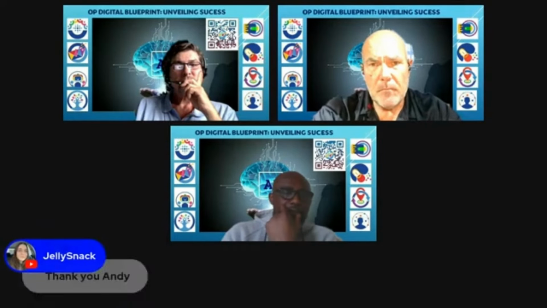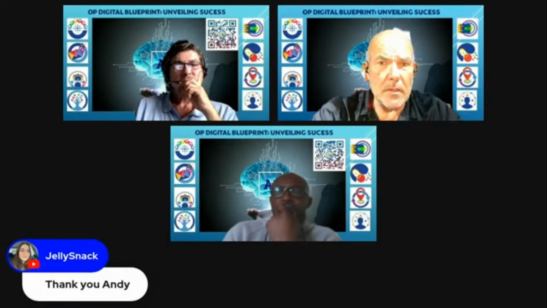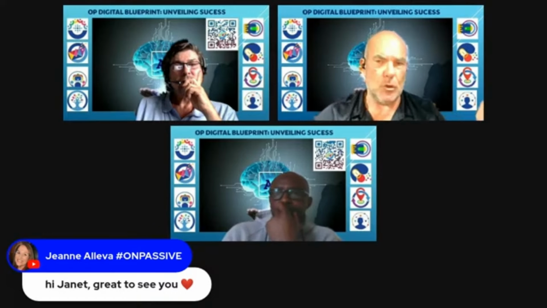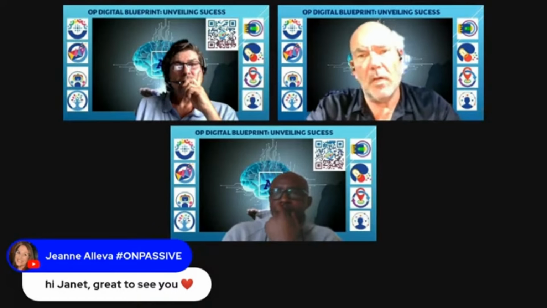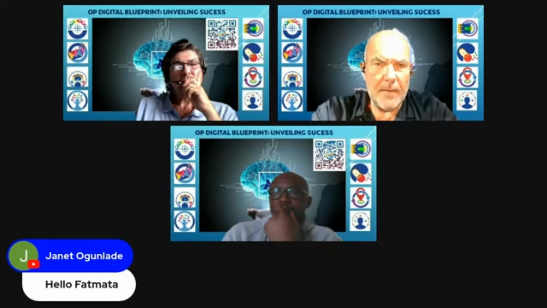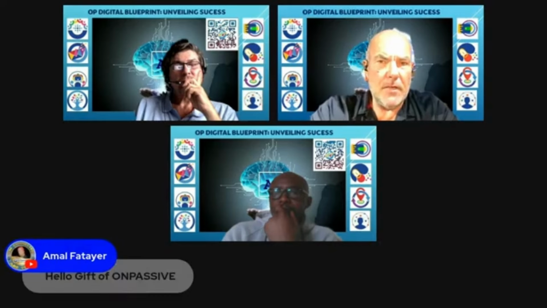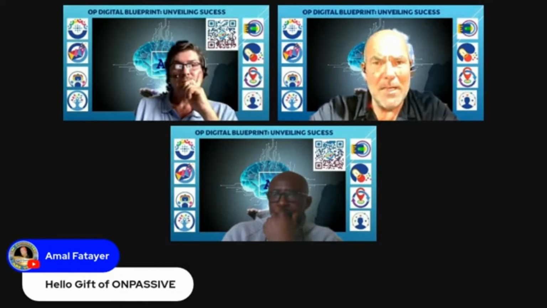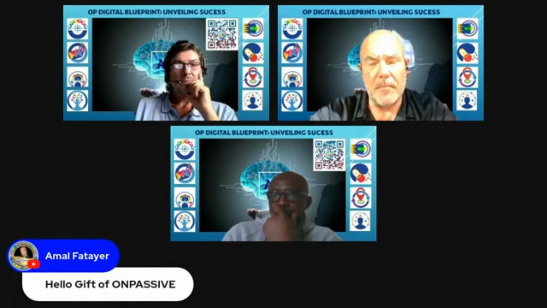Now, we know that millions upon millions of people have social media accounts across the whole swathe of all of them. We don't have to single out any individual social media platform, but there's millions of people on all of them.